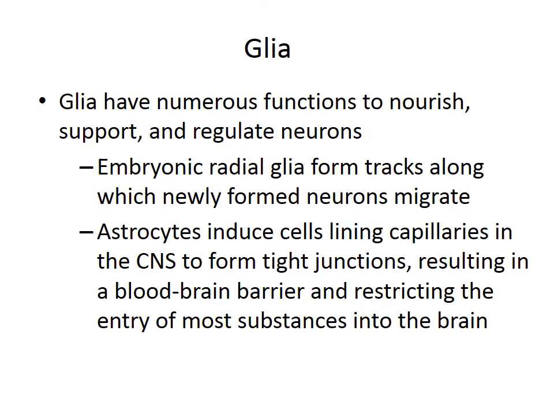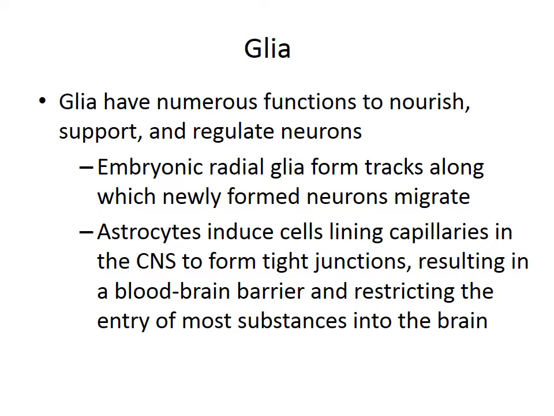Glia have numerous functions, and those include nourishing, supporting, and regulating neurons. Embryonic radial glia form tracks along which newly formed neurons will migrate. So they start their functions early on in embryology, when the embryo is forming, the cells are still moving around, and you have a blastula and a gastrula.